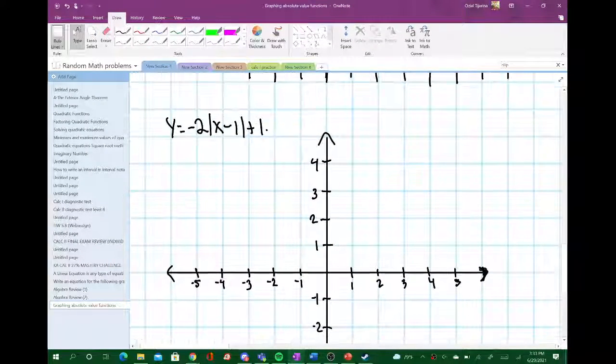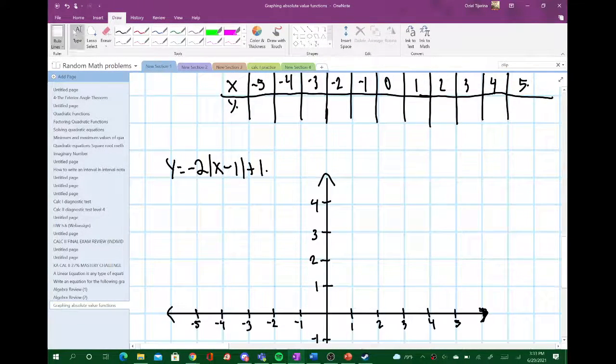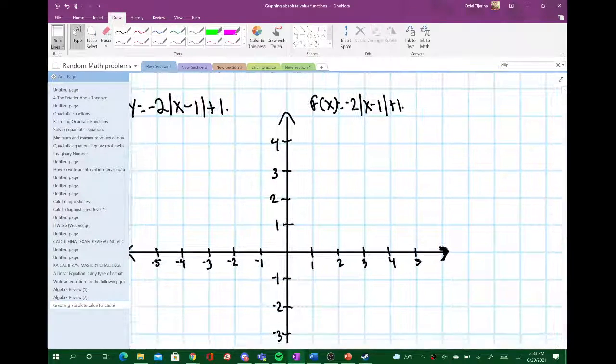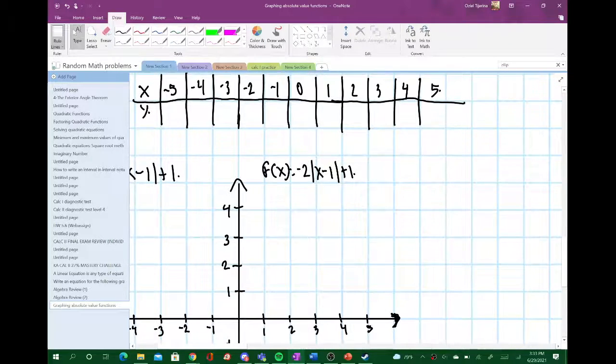So if I make x equal to -5, let's just rewrite this as f of x equals -2 times the absolute value of x minus 1, plus 1, right? So here I'll do f of -5, and let me color code this so that everyone can see what I'm doing.